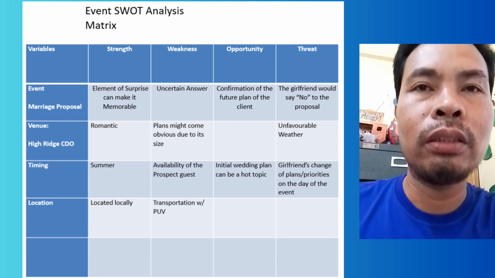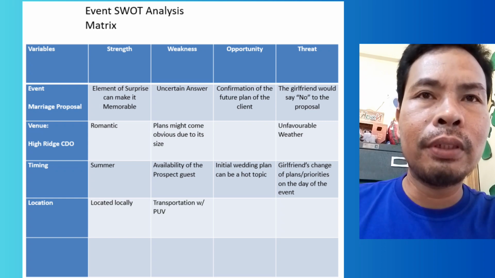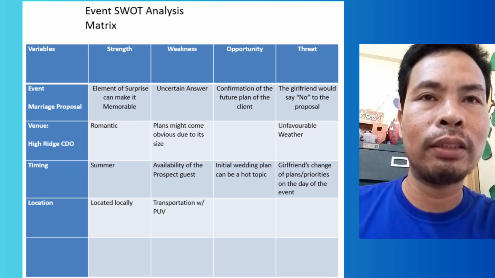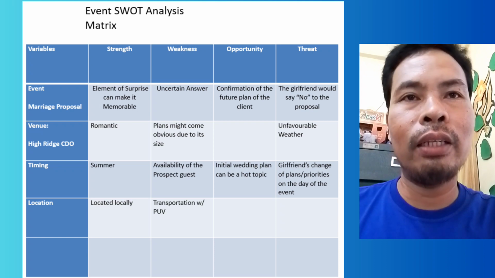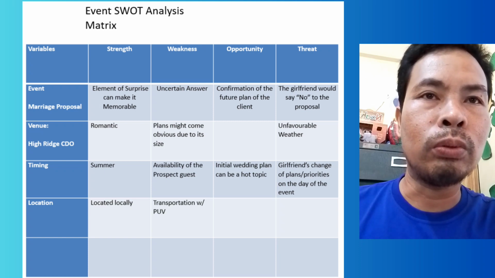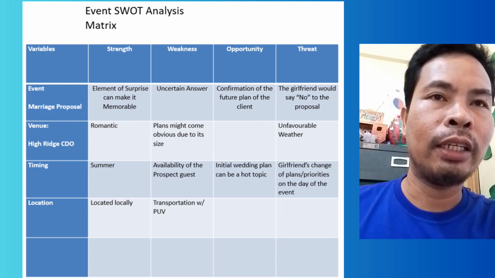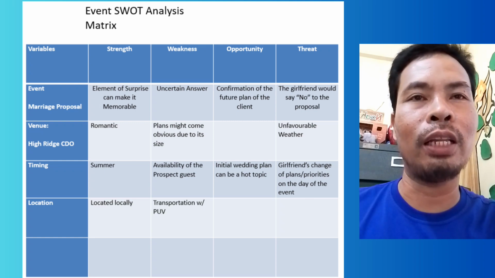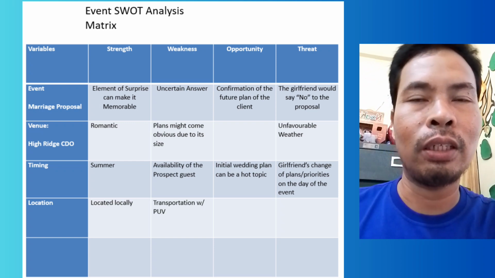For the strength, on the marriage proposal, its strength is the element of surprise can make it memorable, and its weakness is, of course, the answer of the lady is uncertain, and it gives the man or the client the opportunity to confirm his future plan of marrying his girlfriend. And the threat, the girlfriend would say no to the proposal. Wow, so devastating.